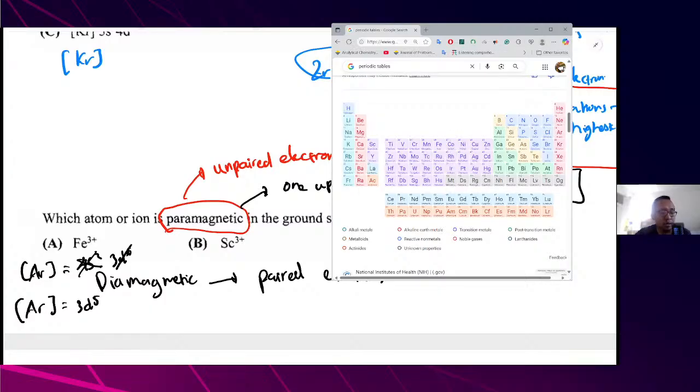If you take a look at the d orbitals, 1 2 3 4 5, because this one is d: minus 2, minus 1, 0, plus 1, plus 2. So all of them are unpaired, so we can conclude the answer should be A.